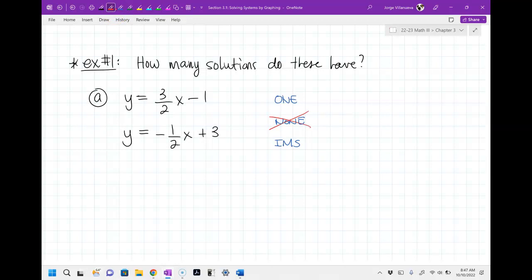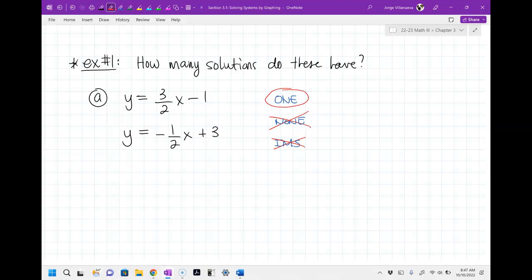Next, I'm going to check to see if they have infinitely many solutions. Are these equations the exact same equations? No, you can tell, they're not the same. So it's not IMS. So therefore your answer is one solution.